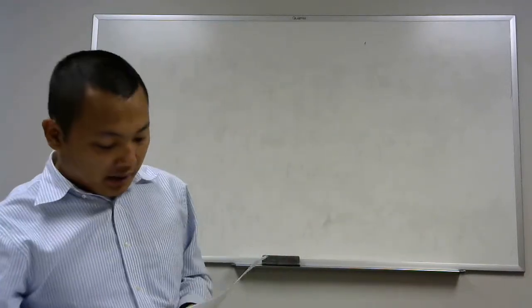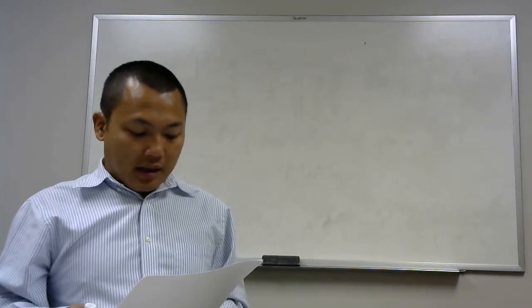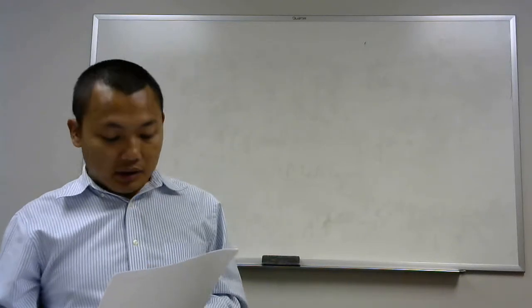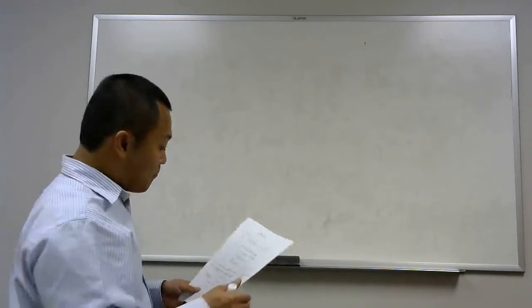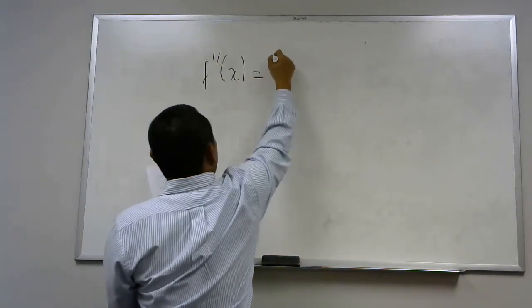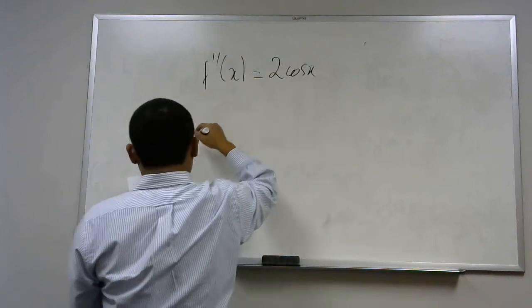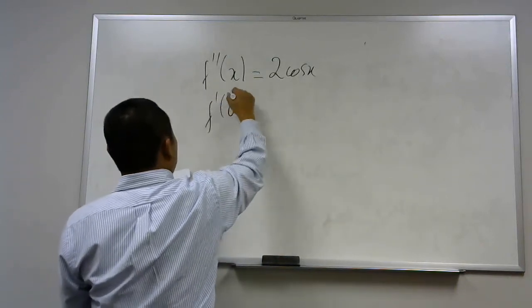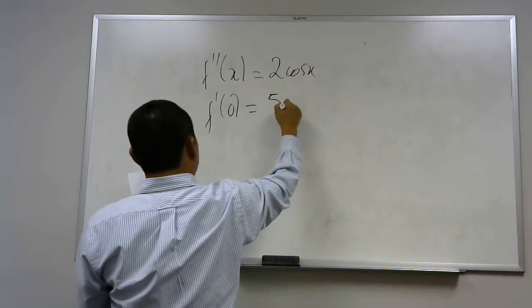Let's move to the second question in this practice test. In the second question, they ask you to recover the function by solving some differential equation with some initial conditions. Let's say you have the second derivative equal to 2 cosine of x, and the initial condition f derivative of 0 is 5.